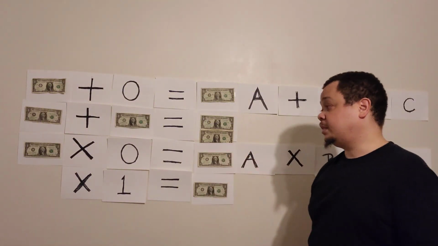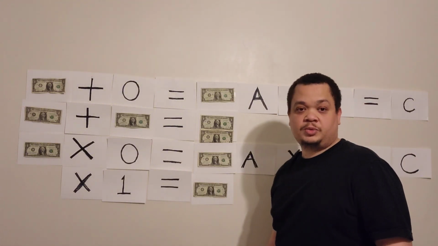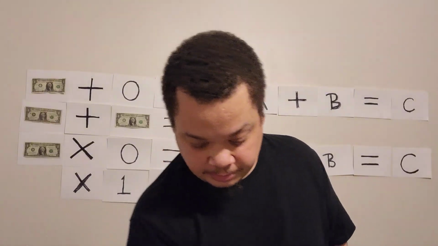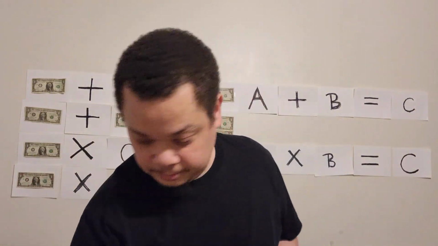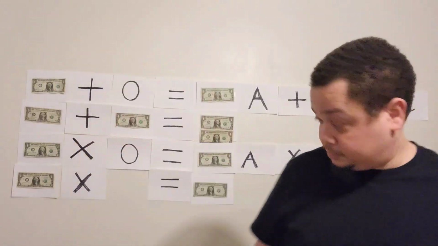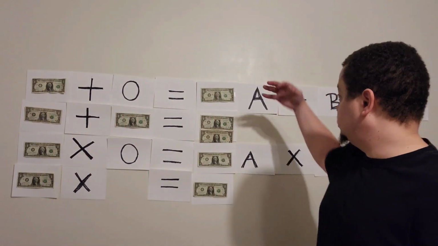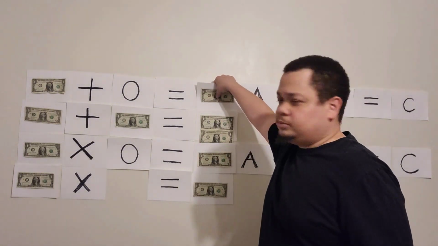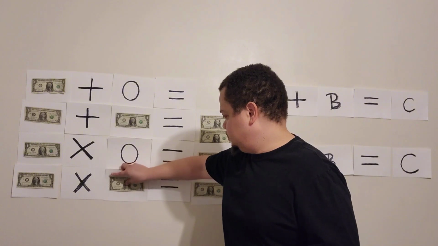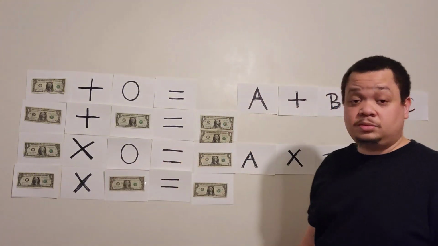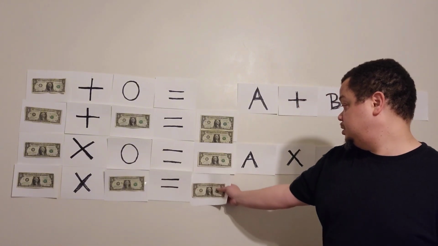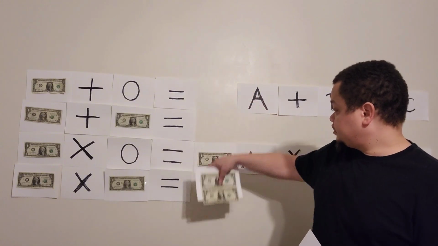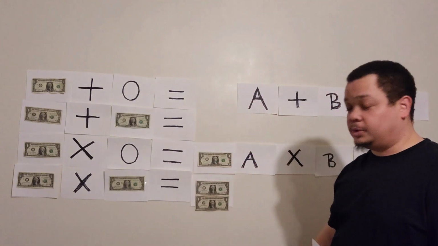And then you can go to 1 times 1. All right. Let's just use this real quick. So 1 times 1 should equal 2.